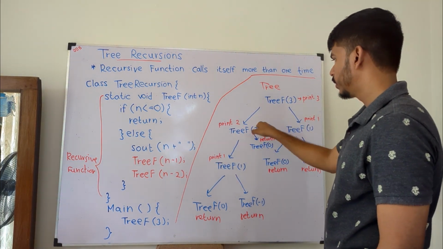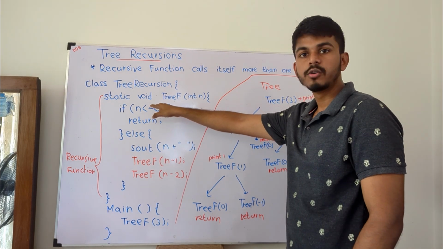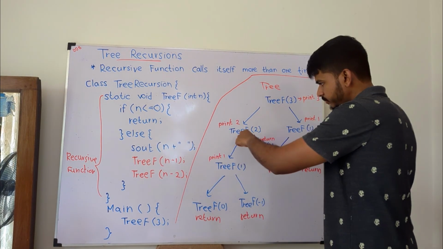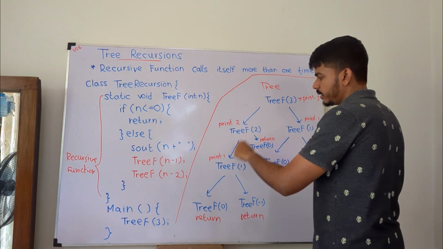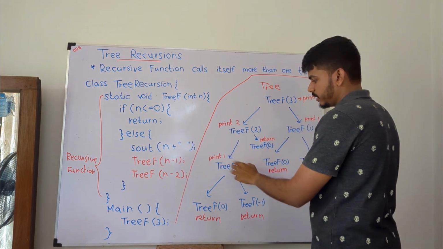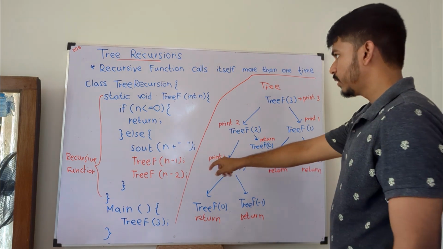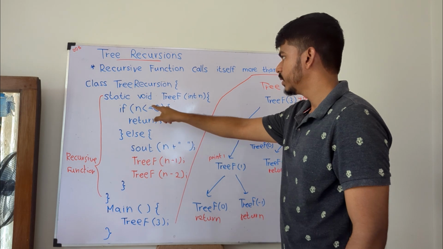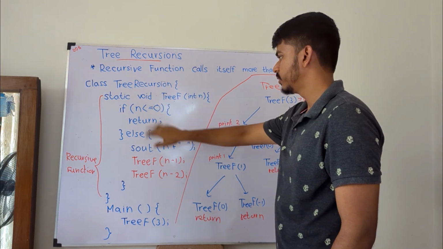Then going to treef 2, 2 less than or equal 0, no. Print that number. Then going to go to the treef 2 minus 1, treef 1. Then after that, going to print this number because 1 less than or equal 0, no.